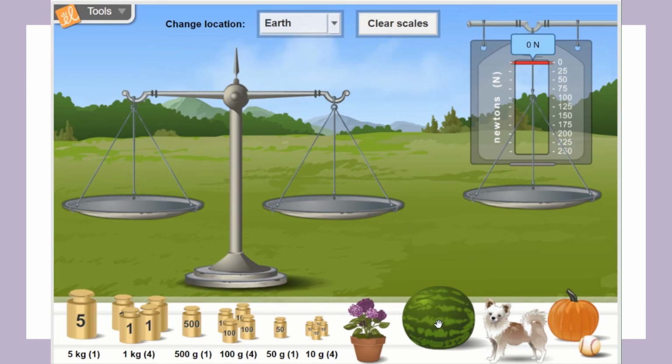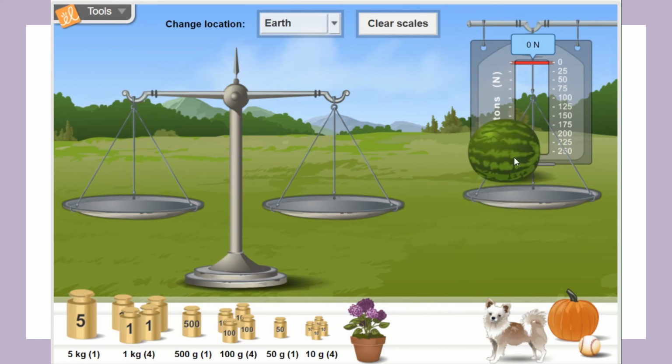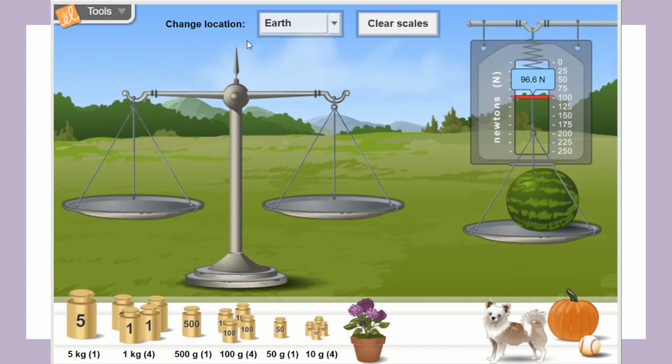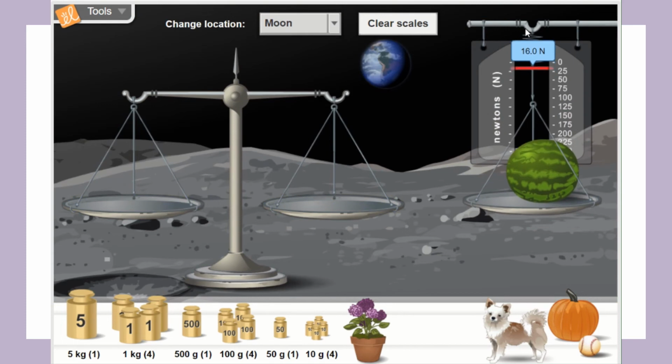Okay, so let's see. This is a dynamometer, and I will put the watermelon on the dynamometer, and we are on Earth. Okay, so it says here Earth. So the weight of this watermelon is 96.6 newtons. Okay, now let's go to the moon. Whoa, the weight changes. So it was 96.6, now it's 16.